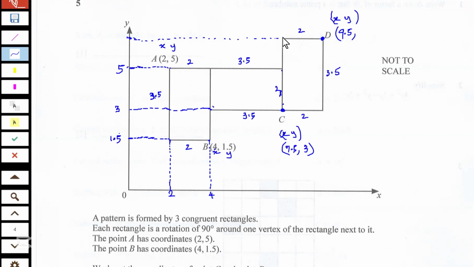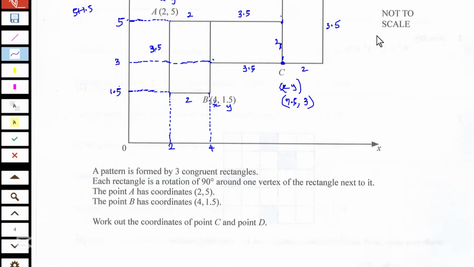If the whole length is 3.5, I'm going to subtract 2 from 3.5, and what's left will be 1.5. This length will be 1.5. So the distance from 5 to this point is 1.5. So you just add 5 plus 1.5 to give 6.5. So the y coordinate will be 6.5.